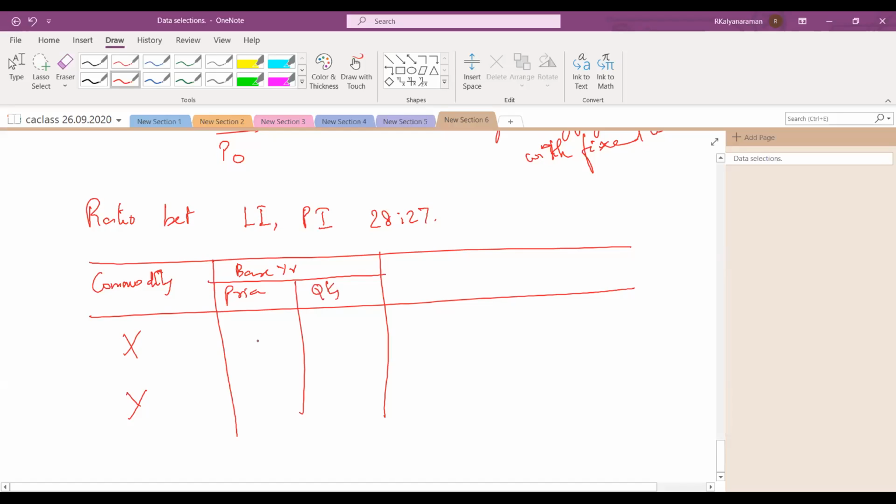So whatever is missing, I call as L and P. Missing quantities we have to fill up. So 10, 5. This is for the current year. We have again price, quantity. This is 2, 5. And this is P2.